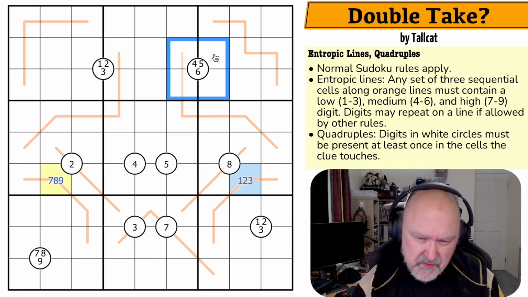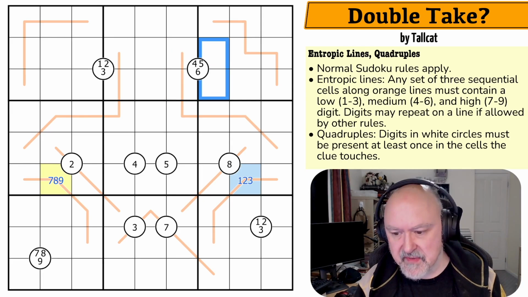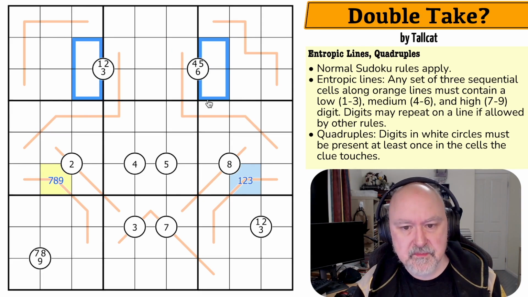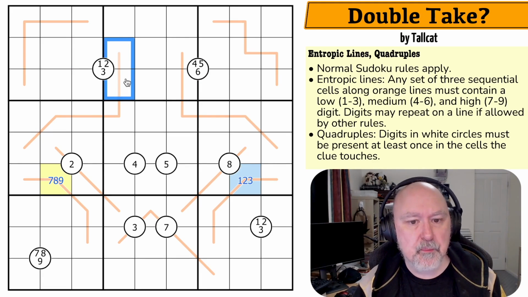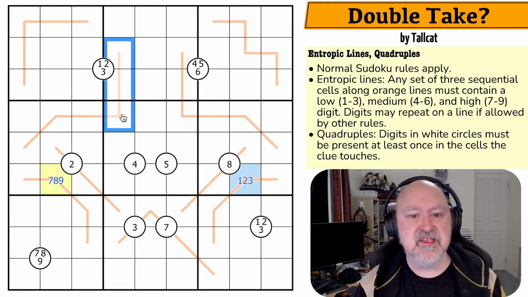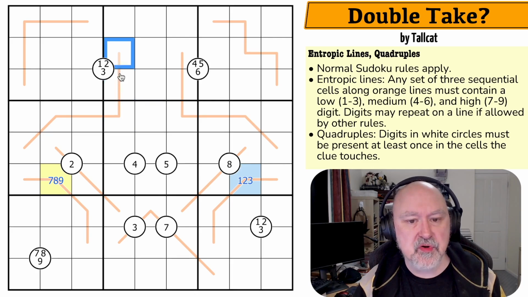These are probably similar in some way. Right. These are low and these are medium, because these cells must contain... Okay, let's start here. These cells must contain 3 low digits, but I can't put 2 low digits next to each other on an entropic line, because these 3 cells must contain a low, a mid, and a high, which means you can never put 2 of the same type in a run of 3.